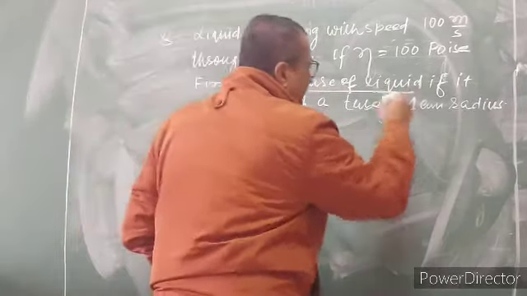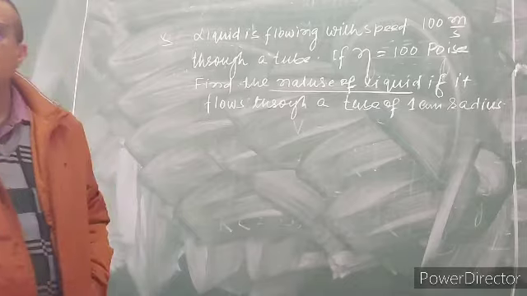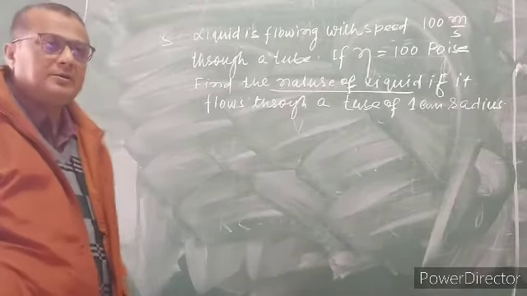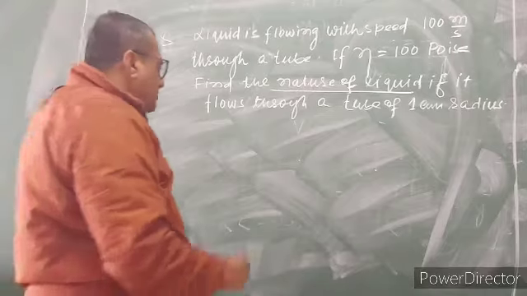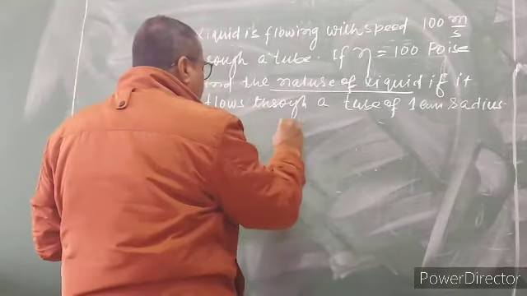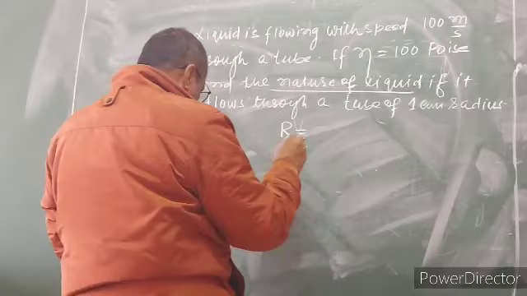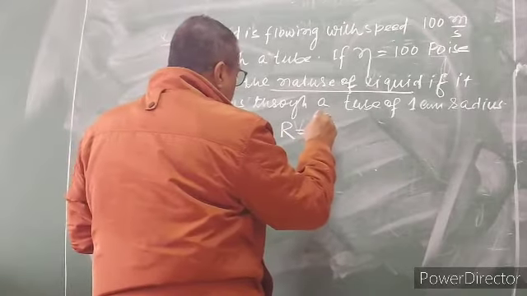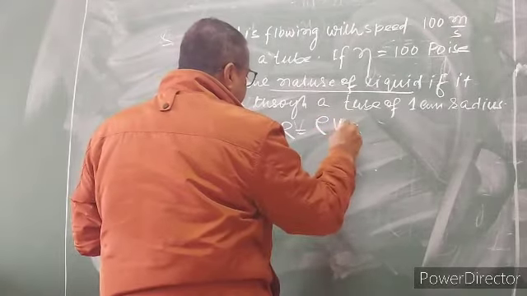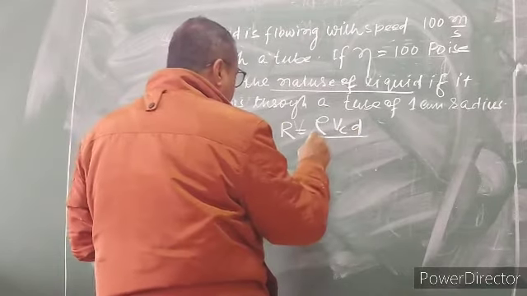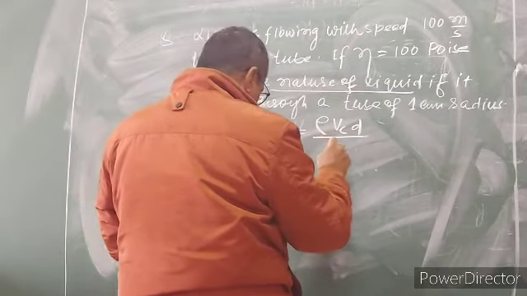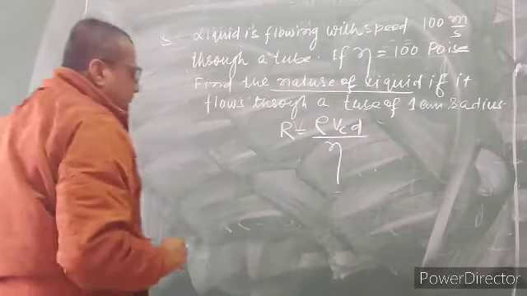We have to find, so we should know what the Reynolds number is. That's why for getting the Reynolds number, R is equal to rho Vc d divided by eta.